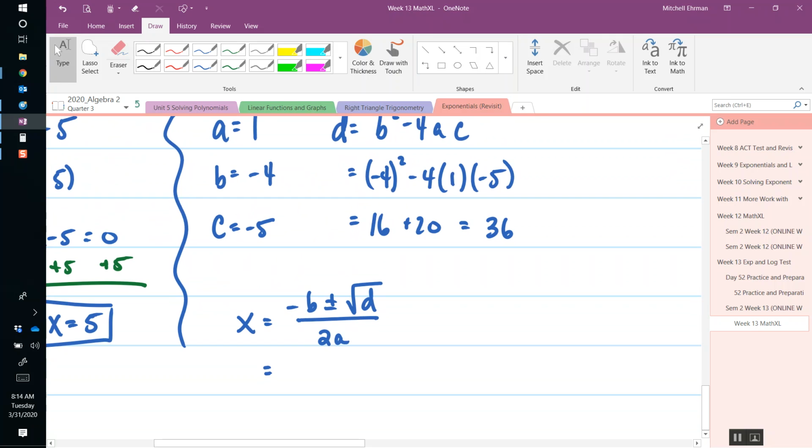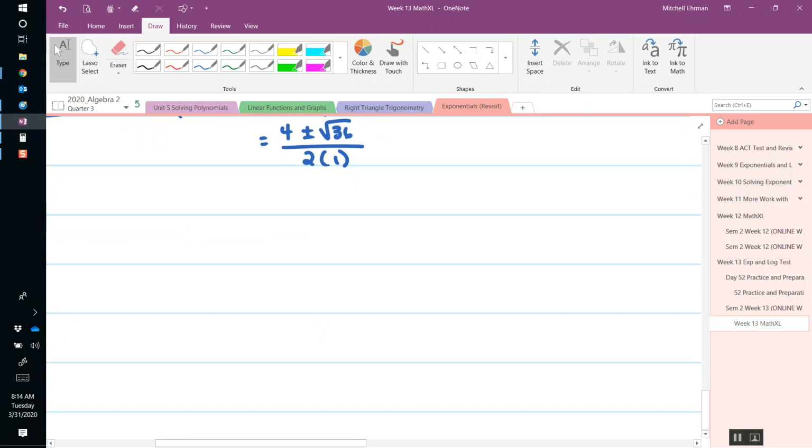We said that b was -4, so the opposite of that is +4. Square root of 36, that's a nice number that we can find the square root of. And we're dividing by 2 times a, which is 1. So 4 plus and minus 6, because 6 is the square root of 36, we're dividing that by 2.